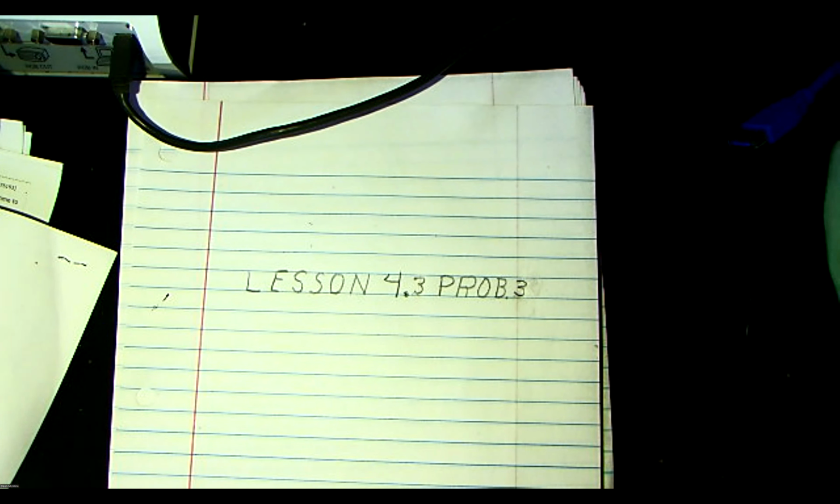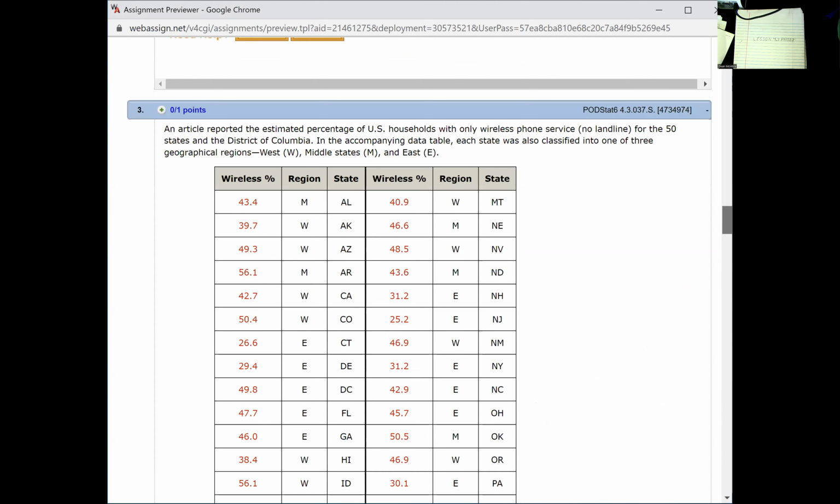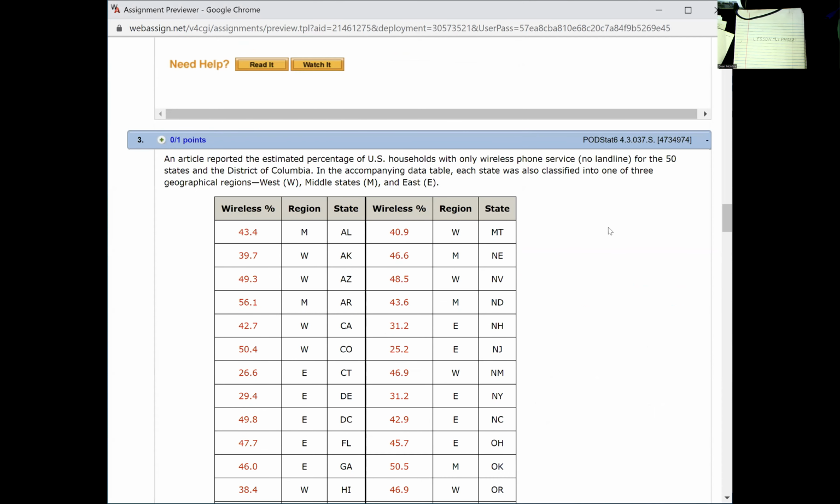Now for lesson 4.3, problem 3, which reads, an article reported the estimated percentage of U.S. households with only wireless phone service, no landline, for the 50 states and the District of Columbia.